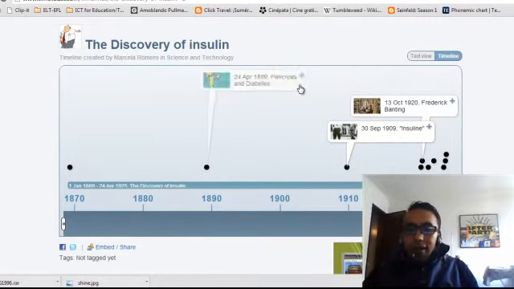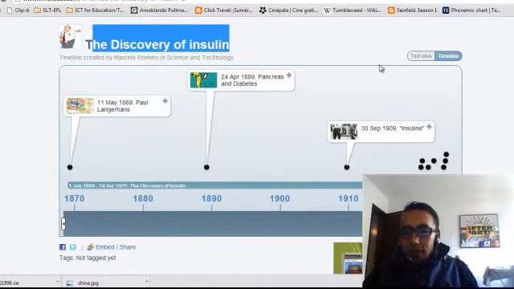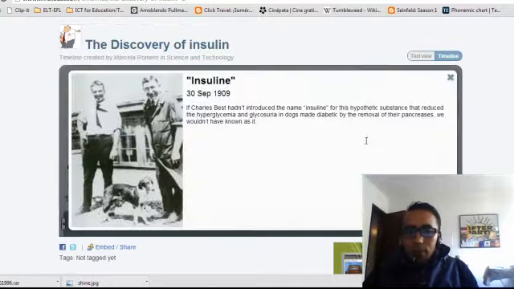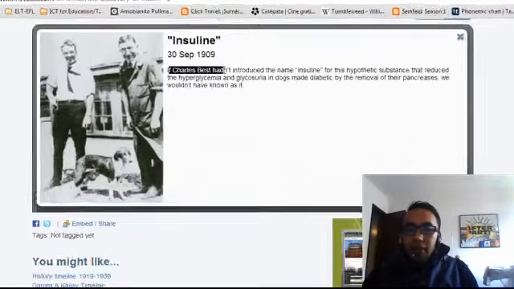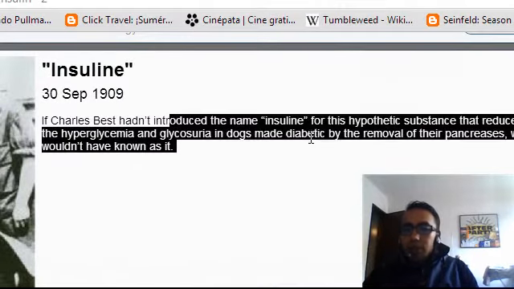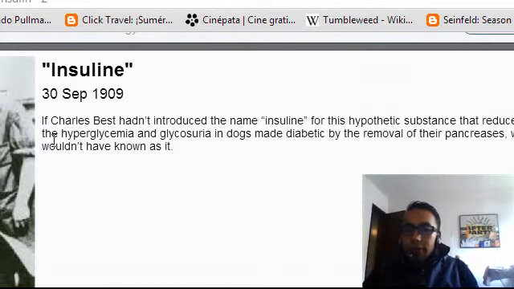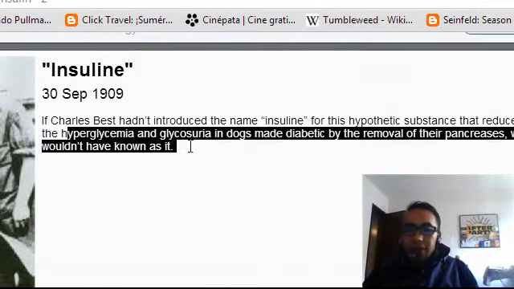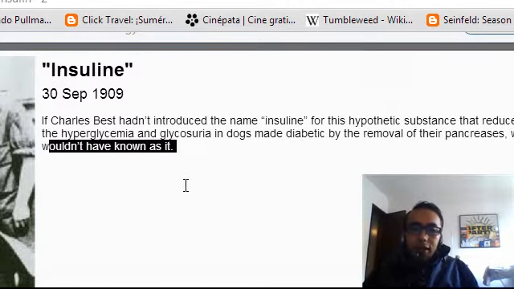Let's see, this student talks about the discovery of insulin. He says, if Charles Best hadn't introduced the name insulin for this hypothetical substance that reduced the hyperglycemia and glycosuria in dogs made diabetic by the removal of the pancreas, we wouldn't have known it.